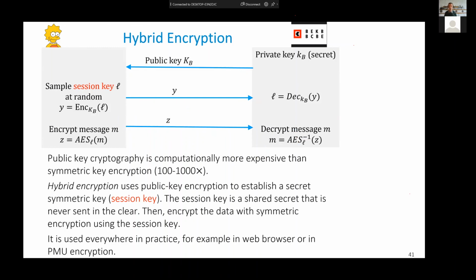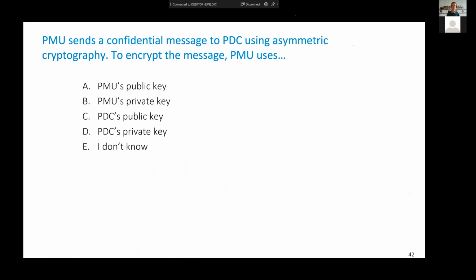The session key is refreshed, as I said, at every session that we do with the bank. If the session is very long, lasts for hours, the chances are that the session key itself will be refreshed, because we can do that once in a while. This is background information that is not real-time critical here. So this is used everywhere, for example, in web browsers or in PMU encryption here.